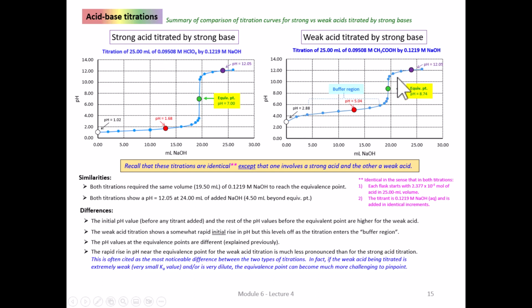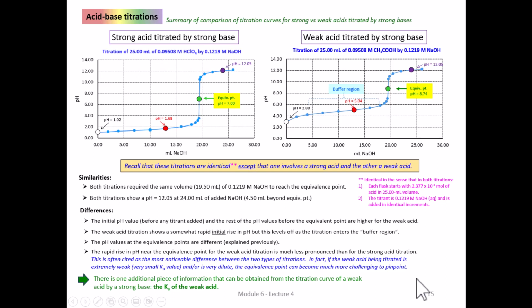In fact, the weaker the acid, in other words the smaller the Ka value, and or the more dilute the weak acid, the more this rise in pH shrinks until it's harder and harder to see.